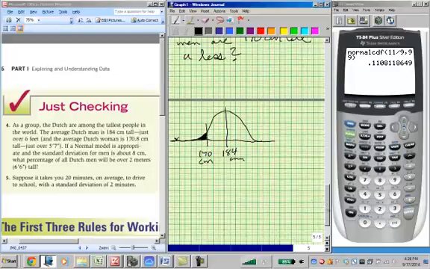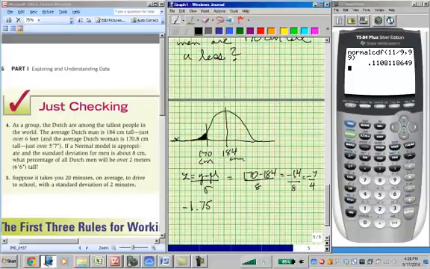So z equals y minus mu over sigma, which equals 170 minus 184 over 8, which equals negative 14 over 8, which equals negative 7 over 4, negative 1.75. Okay?